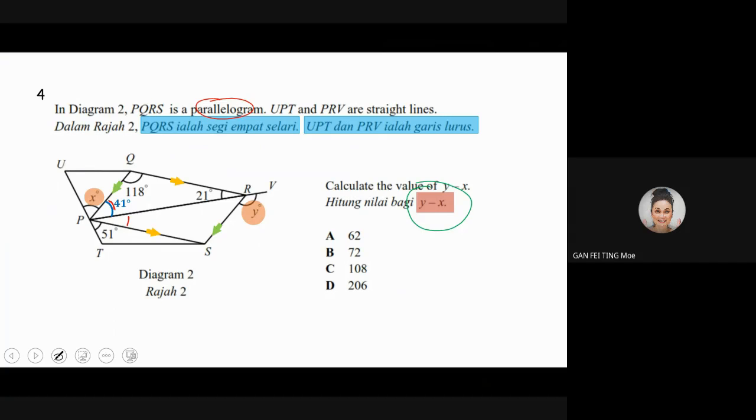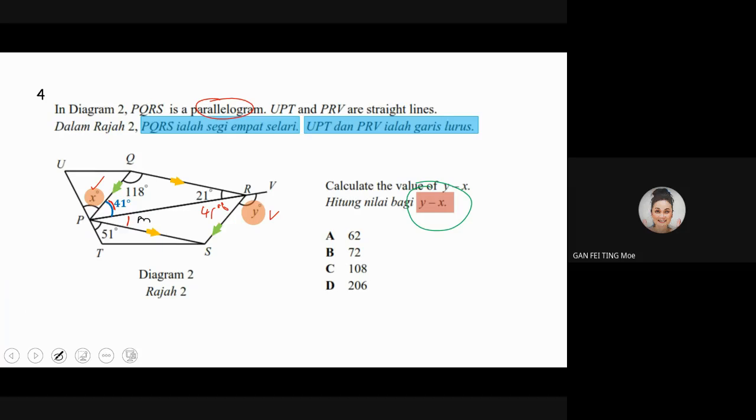You have two ways to solve. Either one, right? Just because I say parallelogram zigzag, you will get this one as 41. Then you will be able to get the value of y. But now what's the problem? What is the value of this in order for you to get x? Let me label this one as m.